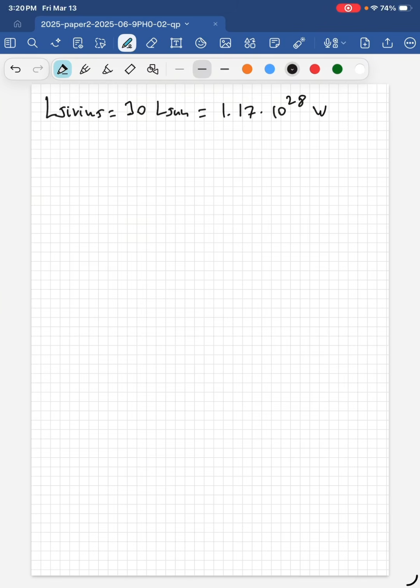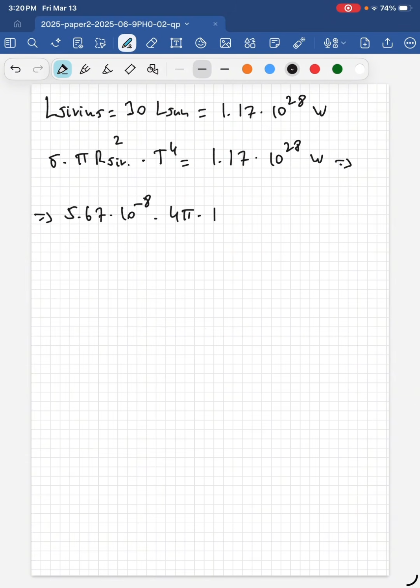So now we can also use Stefan Boltzmann's law again. So sigma times 4 pi times r of Sirius squared times T to the fourth will be 1.17 times 10 to the 28 watts. So we have that 5.67 times 10 to the negative 8 times 4 pi times r of Sirius squared times 10,000 to the fourth is 1.17 times 10 to the 28.